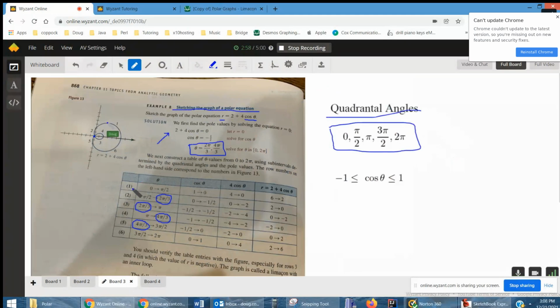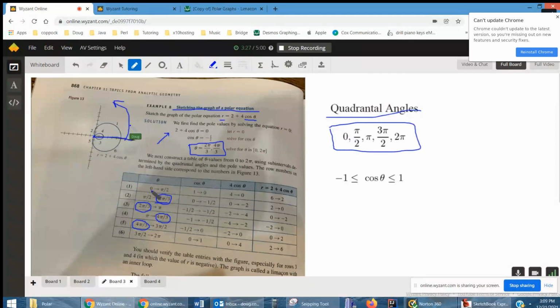You want to make up a table if you really want to go into all this detail, rotating this initial side from one quadrantal angle to the next, but stopping along the way for those that return you to the pole. So I have the 2 pi over 3 circled twice and the 4 pi over 3 circled twice.